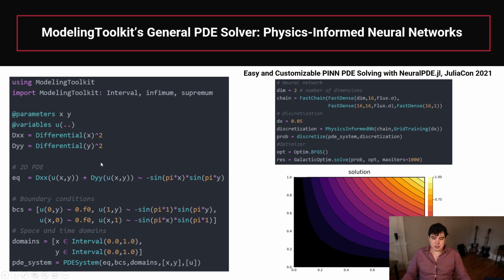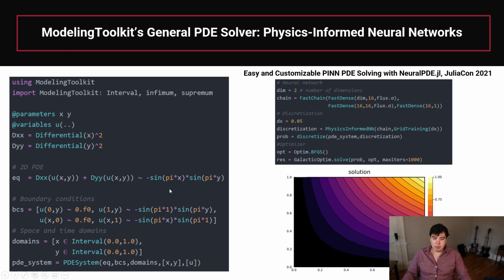Here's one that's called neuralpde.jl, and you can watch the whole video from JuliaCon 2021 on this. You basically just put in your differential equation in a symbolic form, right? So you say, here are my parameters, here are my variables, here's my differential terms, and what do I want to be satisfied? I want two derivatives in x plus two derivatives in y to be equal to this sine function, right?